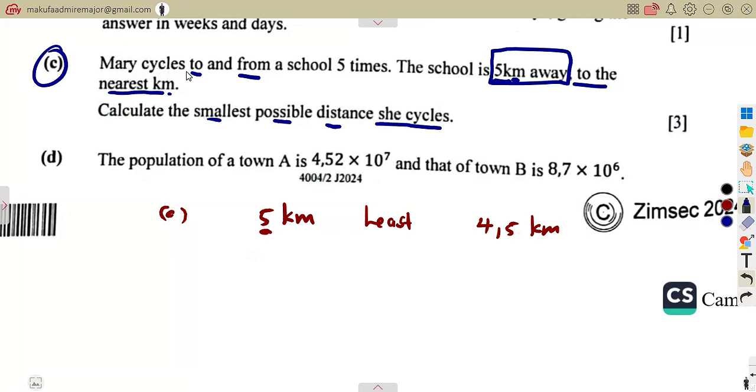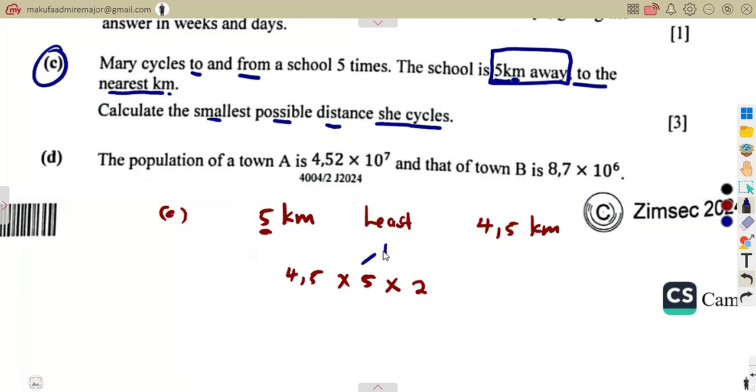We are given that Mary cycles to and from. To and from, 5 times. So let's consider this. 4,5 times, how many times? This is 5 times, which is taken to and from.